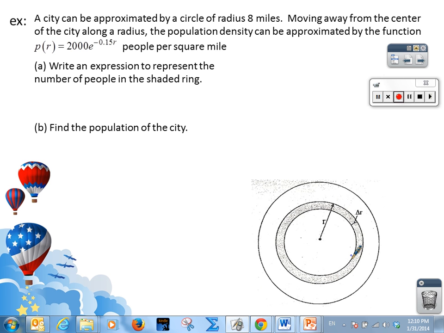Think cylinder. I'm going to take one of these strips and open it up like a rectangle. And so it would look like this. Our circumference would be along the bottom. It would be 2 pi r.